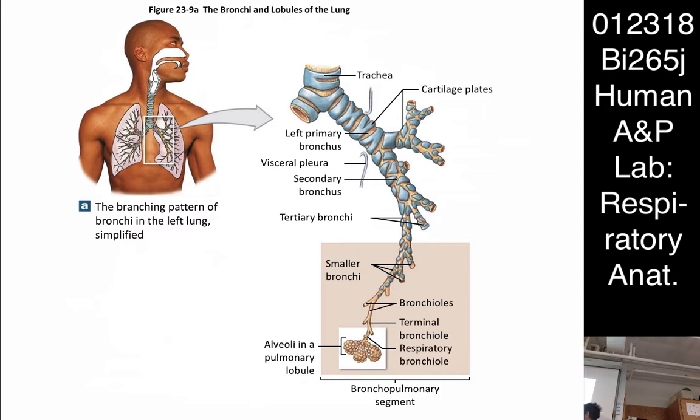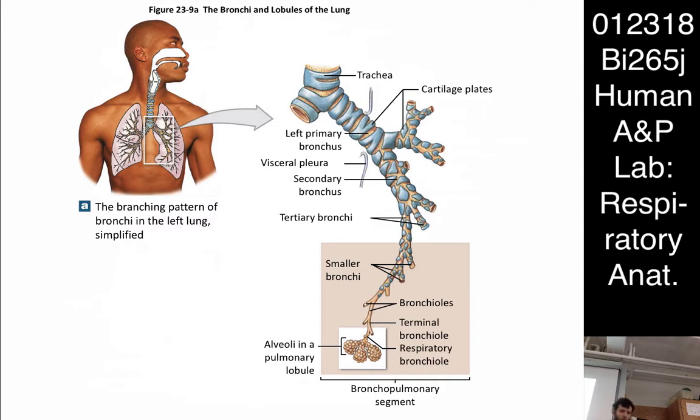They continue to get smaller until you get to bronchioles. A bronchiole is an arborization that no longer has any of these cartilaginous plaques on it. And we get to what's confusingly called a terminal bronchiole.